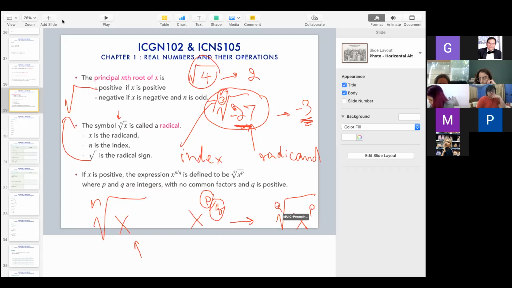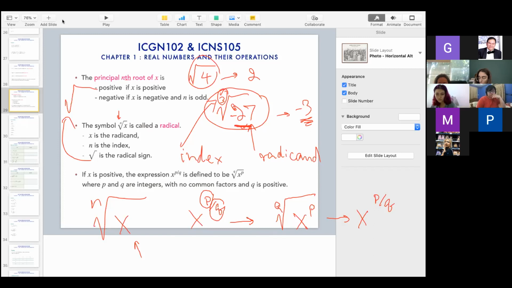So it will be the q-th root of x to the power of p. On the other way around, if you have the q-th root of x to the power of p, you can change it back to x to the power of p over q. You can change it back and forth like this.